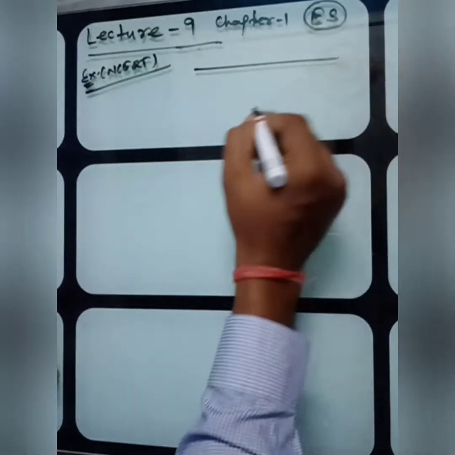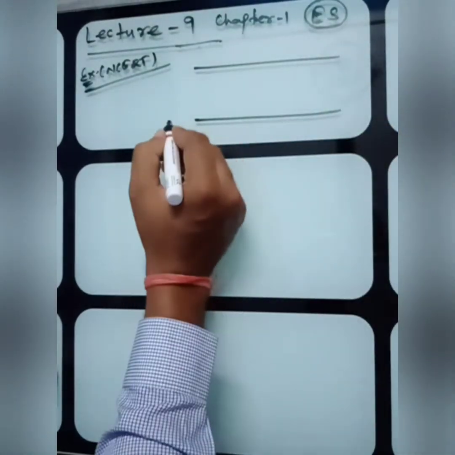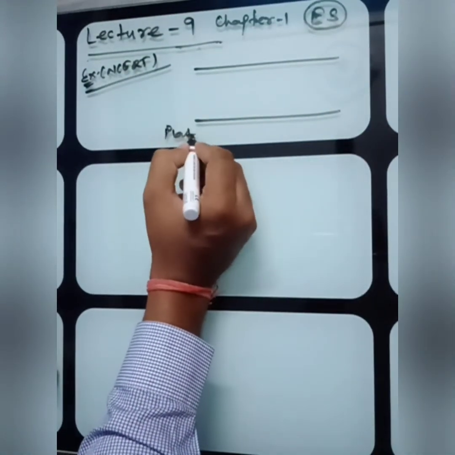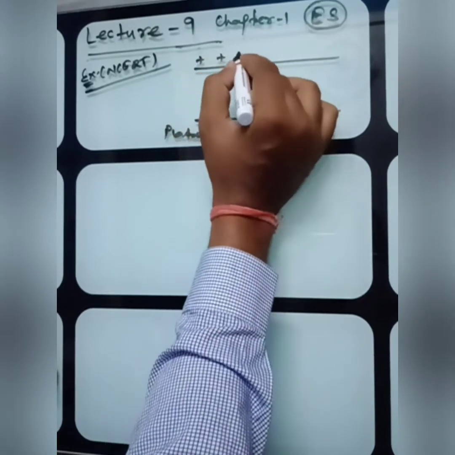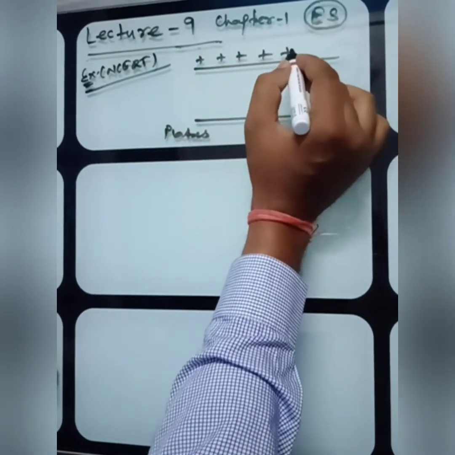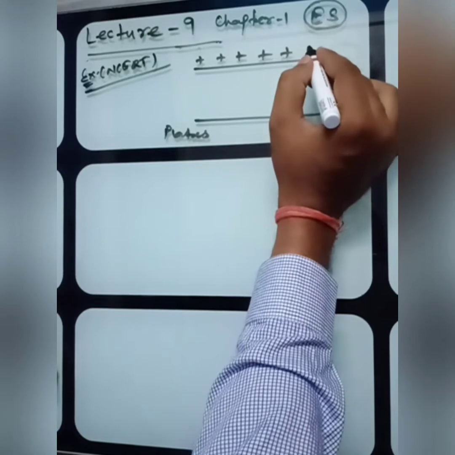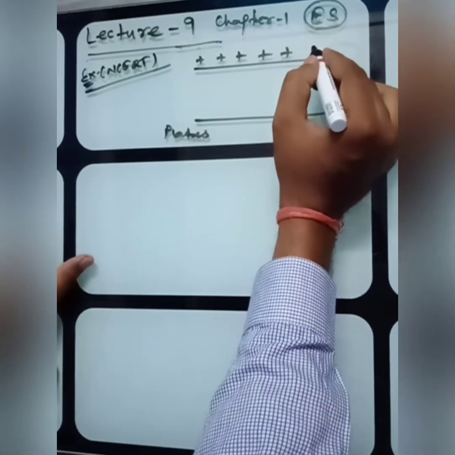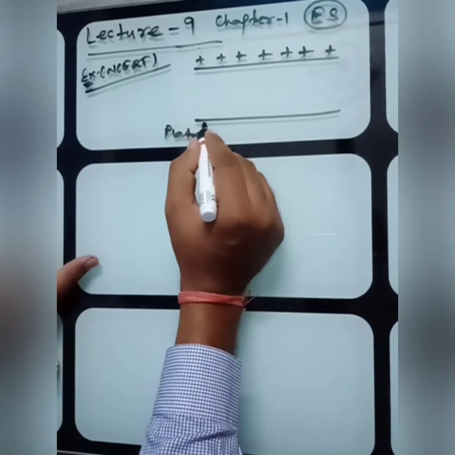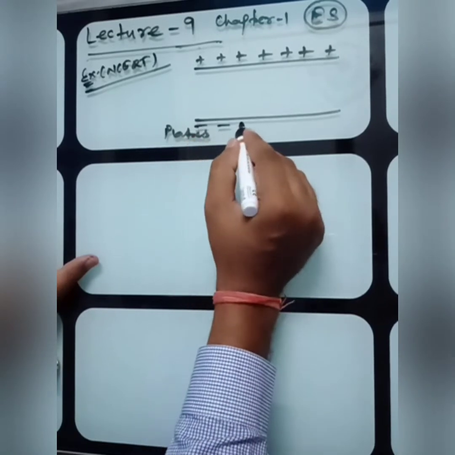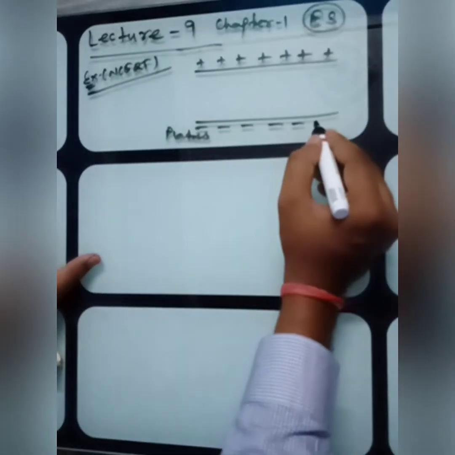It has positively and negatively charged plates. These are two plates. The upper plate is positively charged and the lower one is negatively charged.